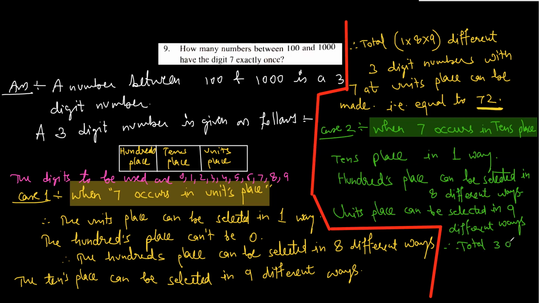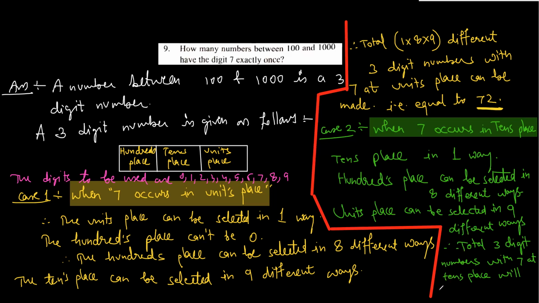So therefore, total 3-digit numbers with 7 at tens place will be how much?